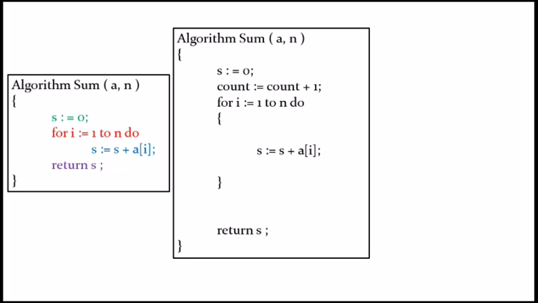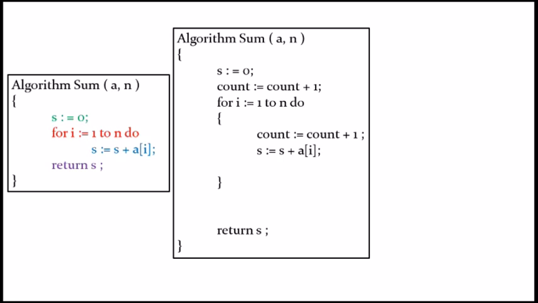After that, the next statement that will be executed is the for loop. So it starts from i equal to 1 to n. So this for loop will repeat how much time? n times. So we will take an increment operator for counting in the for loop. So this count will be repeated how many times? n times.